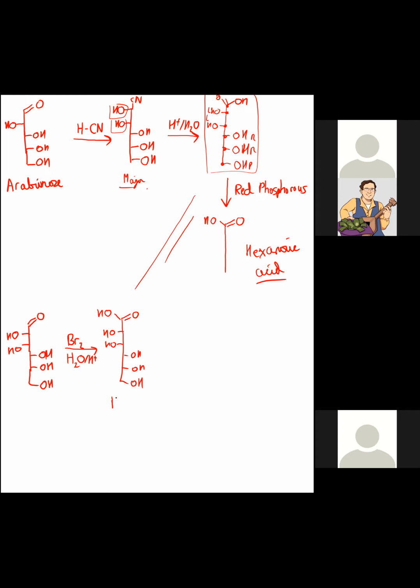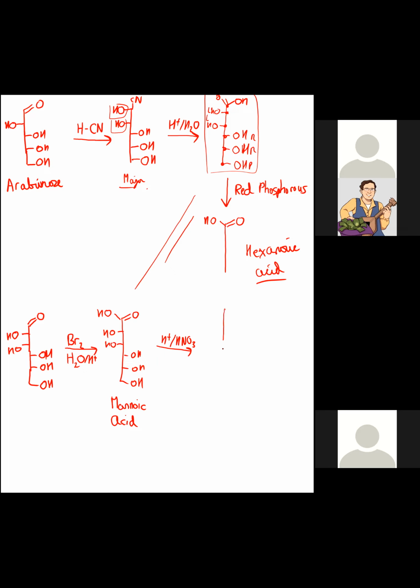So we're going to call this, I always get the names wrong for these things, manoic acid. Then we can oxidize this further by treating this with, I'm sorry about my crooked arrow there, Paul. I know it must be bothering you. So we're going to oxidize that using nitric acid.